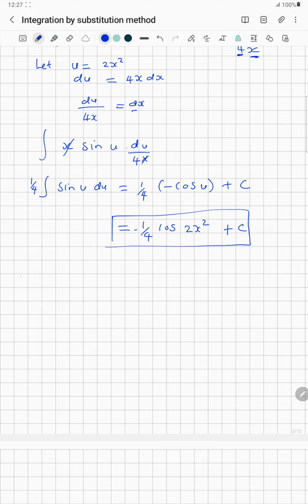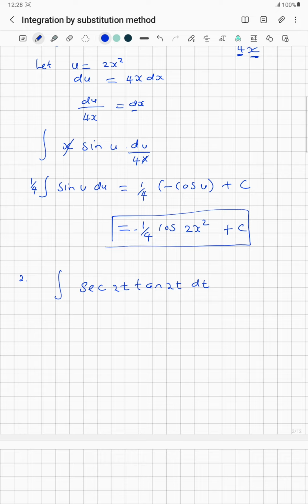Also, question 2, we are told to integrate sec 2t tan 2t dt. There are two ways of doing this question, but I want to do it in the simplest way.